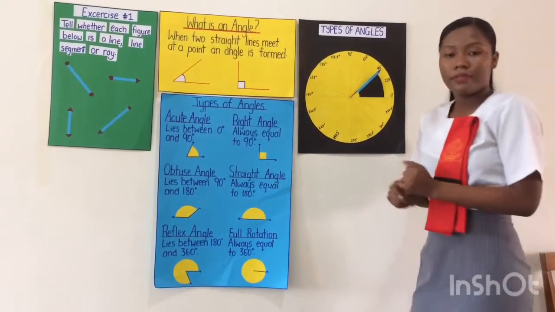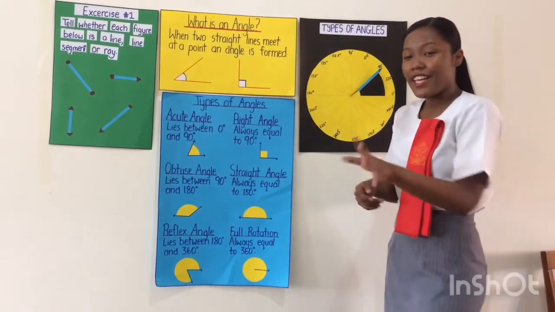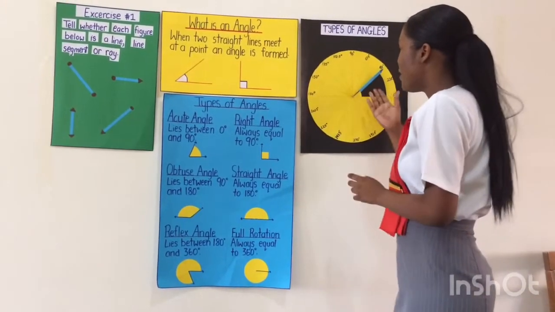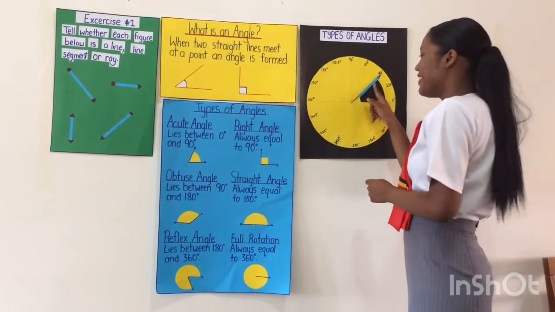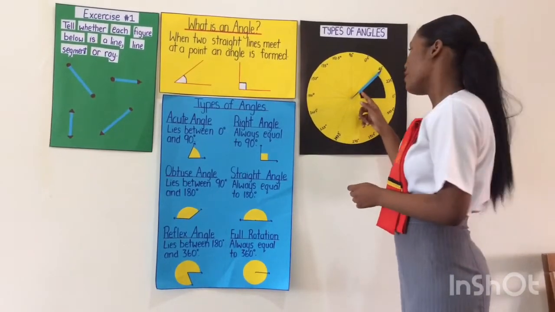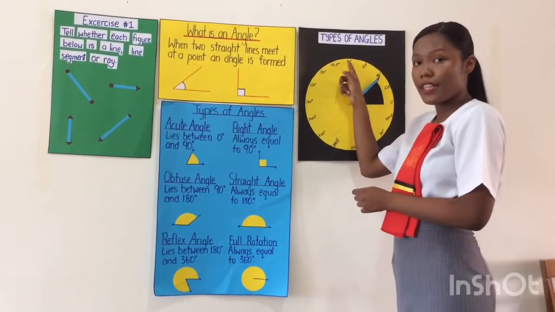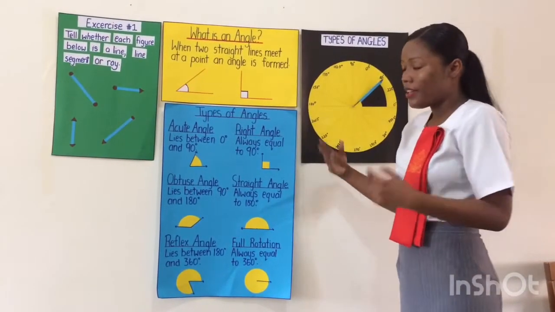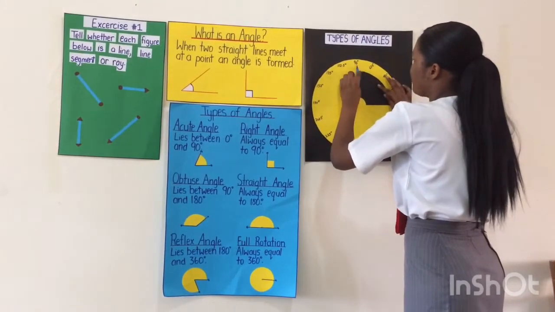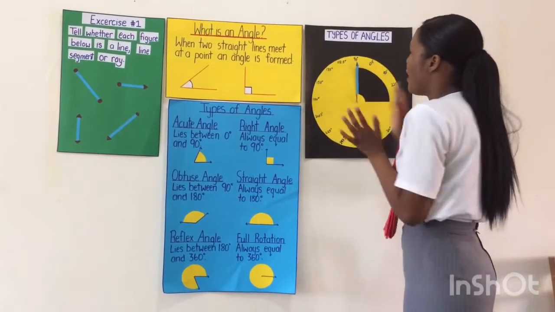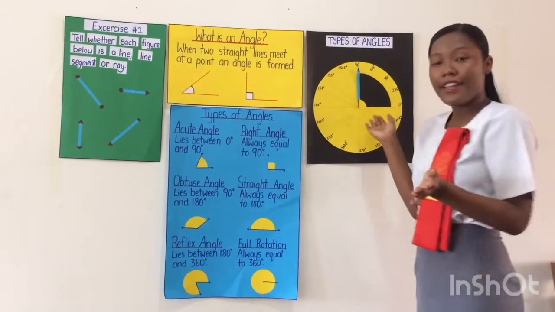So, yes. Jaden, you tell me where does our protractor line go? Right, it goes to our 90 because it's always equal to 90. Let me turn it. So here we have our right angle.